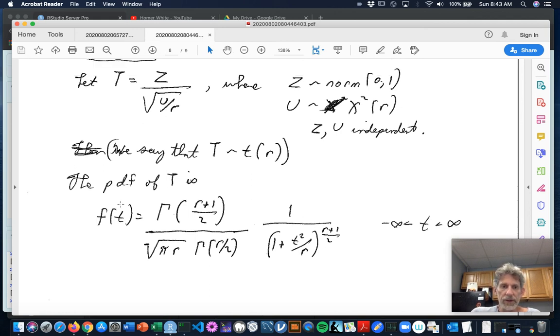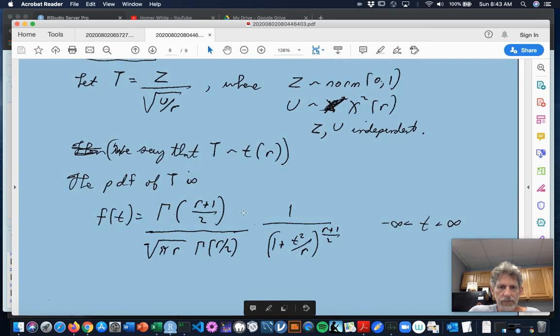And so the theorem is that the PDF is this. Nobody ever remembers this. They just let the computer figure probabilities. Believe it or not, there is a t family of functions, pt, dt, rt, in R.